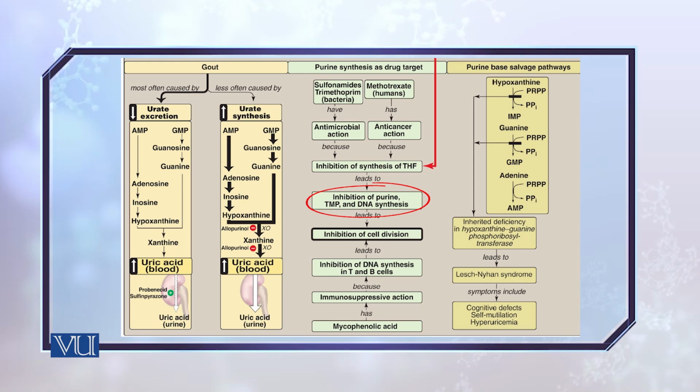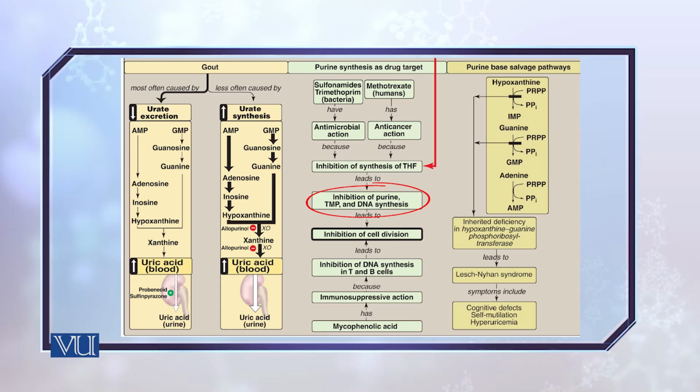Any deficiency in the formation of these nucleotides during the salvage process also leads to certain diseases like Lesch-Nyhan syndrome. It really affects your mental abilities. For example, your cognitive abilities are very much compromised, and there is self-mutilation. You start harming yourself.